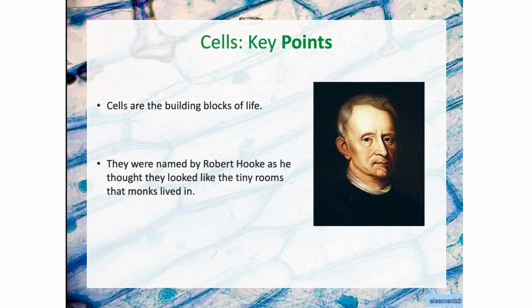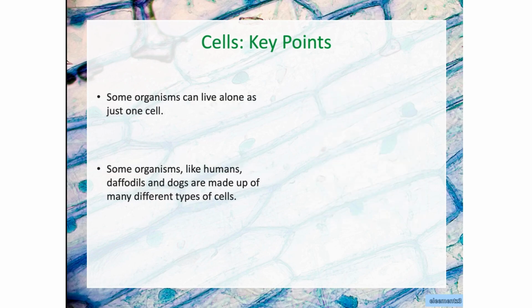Key points. Cells are the building blocks of life. They were named by Robert Hooke as he thought they looked like the tiny rooms that monks lived in. Some organisms can live alone as just one cell.